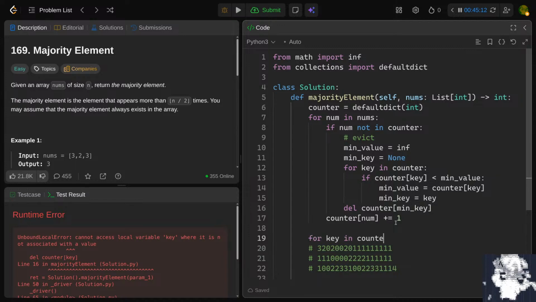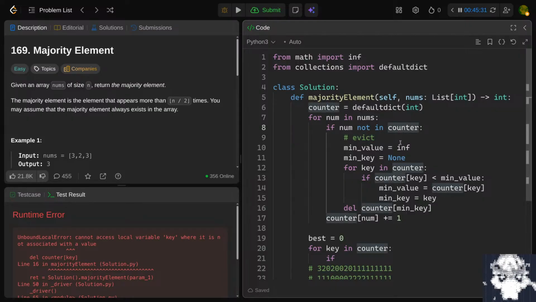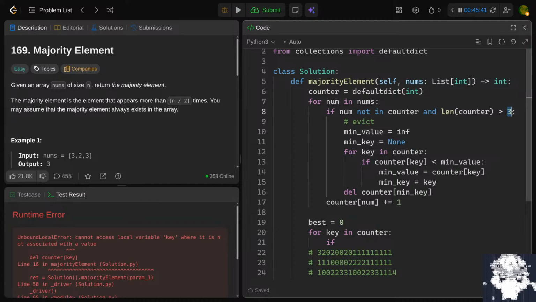For key and counter, best equals 0. Wait, we should only evict if counter has more than... if num not in counter and len of counter is greater than 3 or 2.